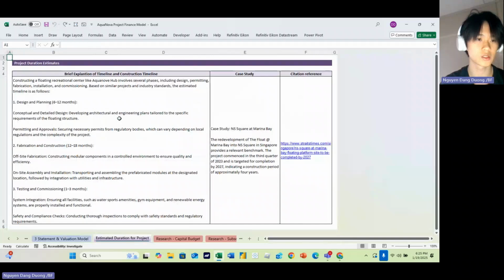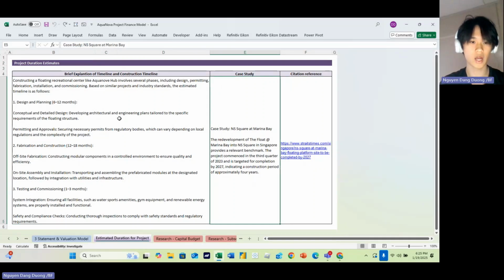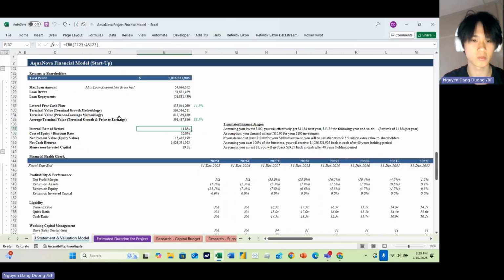And over here is where we have our project duration and our research and description of our project duration, using the floating platform in Marina Bay as our proxy for the duration for our AquaNova construction.